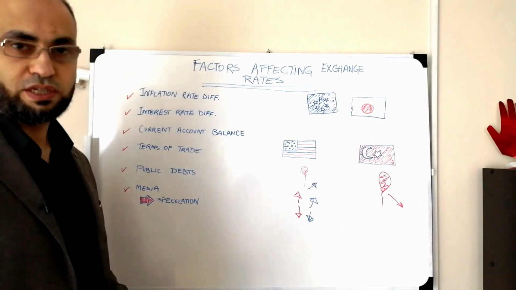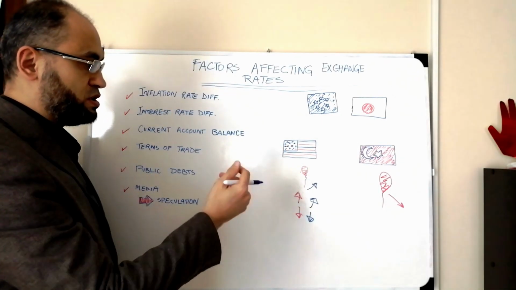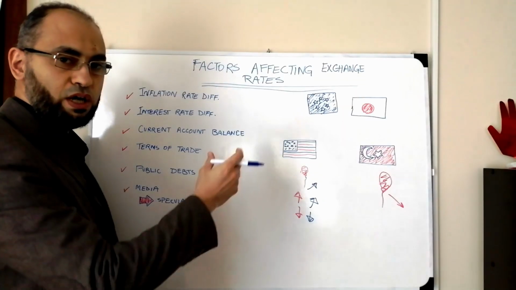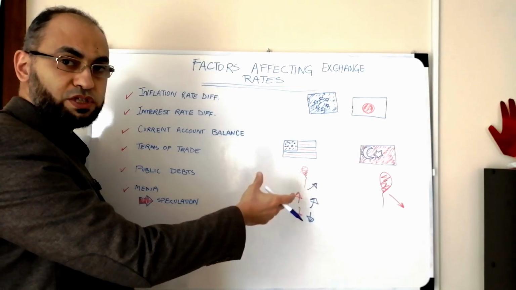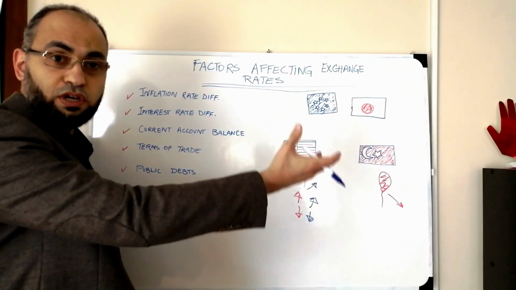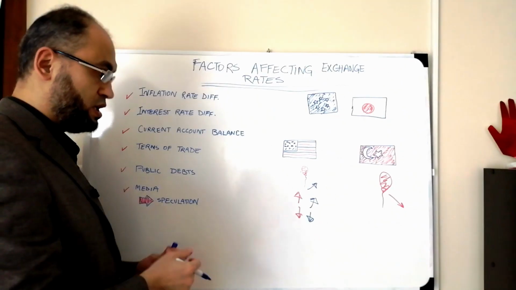So then what happens is that if the interest rate in one country is very high, and the other country has a lower interest rate, in theory, they consider that the one that has the higher interest rate draws foreign investors to come in and put their money, and so their currency appreciates.